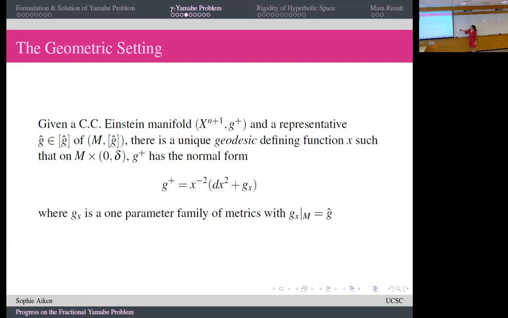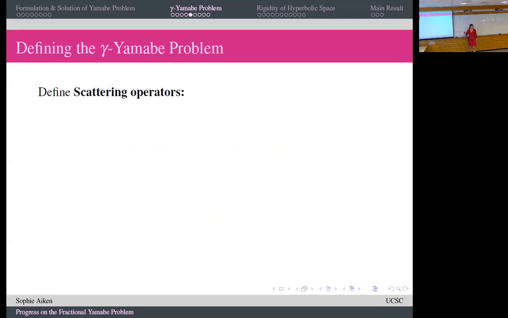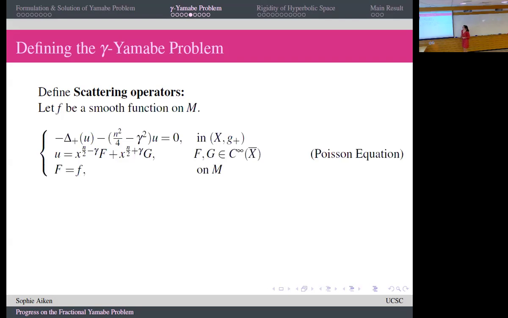And we need this special geodesic defining function to define our scattering operator. So we had our geometric background, and now in order to define the fractional Yamabe problem, we need a fractional equivalent to the conformal Laplacian, and that's what we're going to get here with the scattering operator.